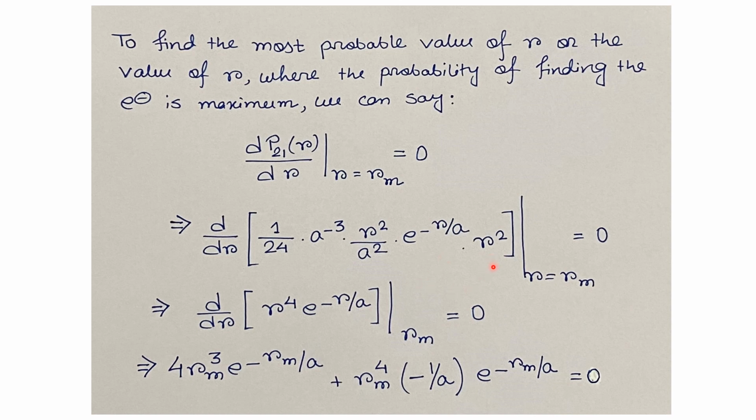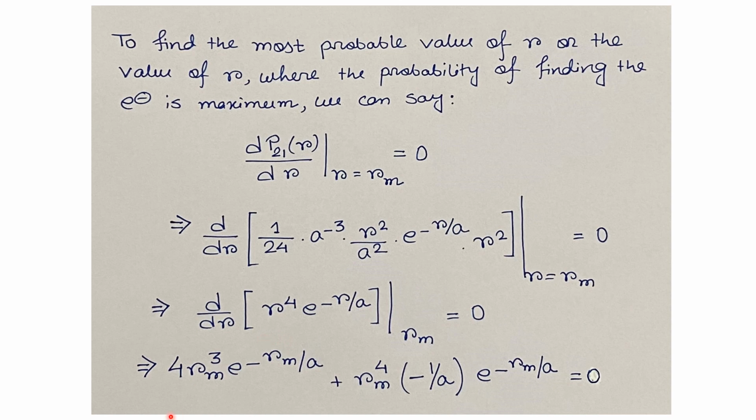Then we take the constant values out of the derivative, that is 1 by 24 a to the power minus 3 and 1 by a square. So effectively we get the derivative with respect to r of r to the power 4 e to the power minus r by a, at r equals Rm, equals 0.